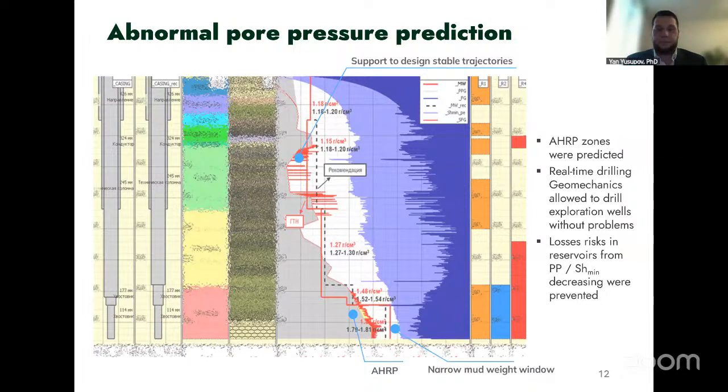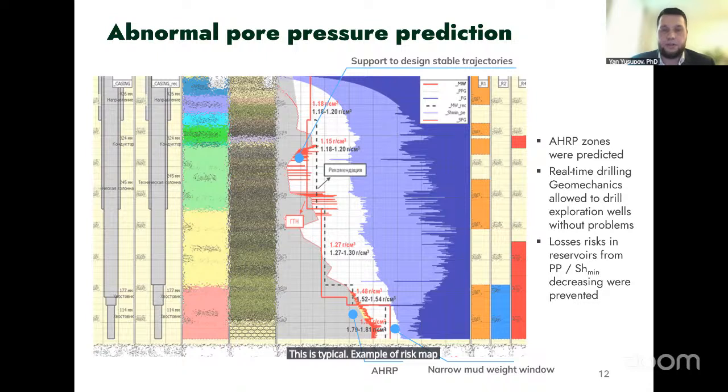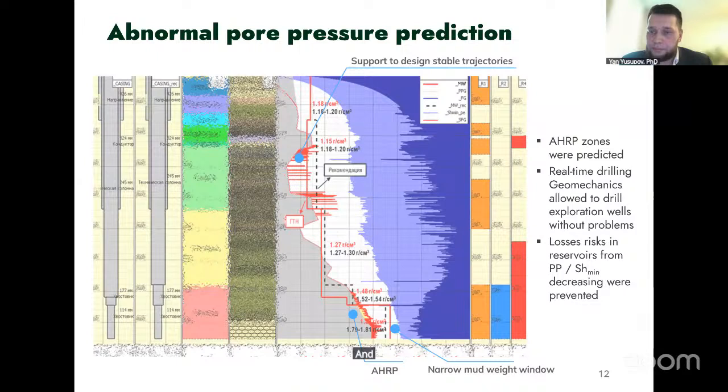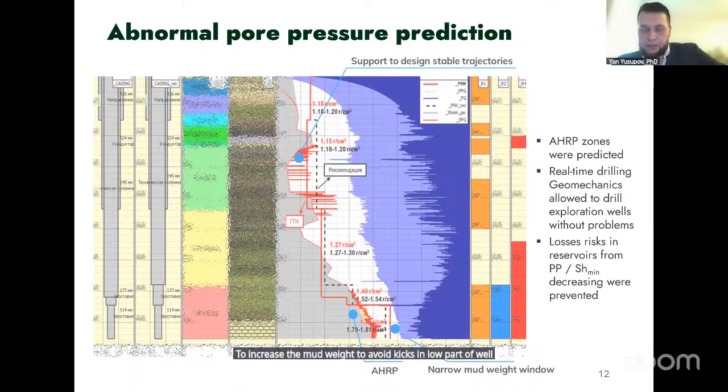This is a typical example of, sorry, not a risk map. This is a typical well section for prediction of abnormal pore pressure. We can see that in the lower part of the well, we see abnormally high reservoir pressure, and this allows us to increase the mud weight to avoid kicks in the lower part of the well and drill the well successfully.